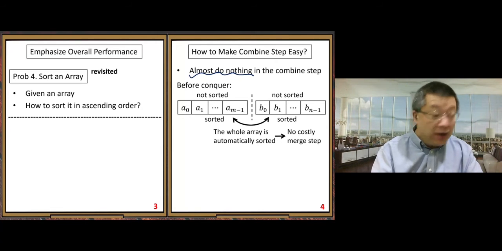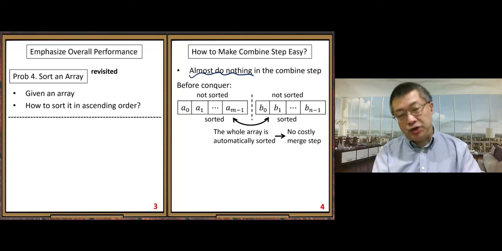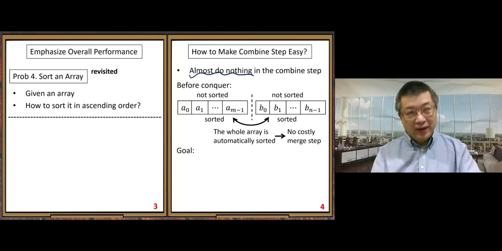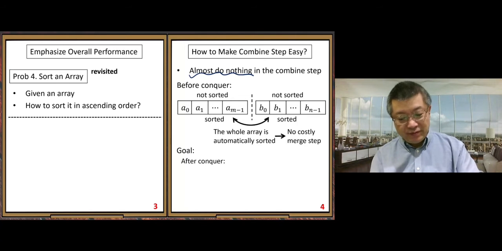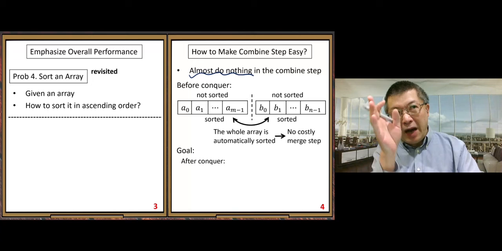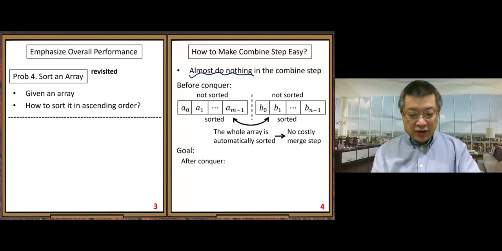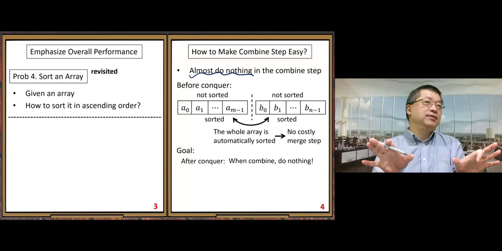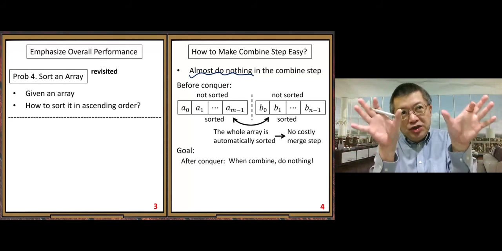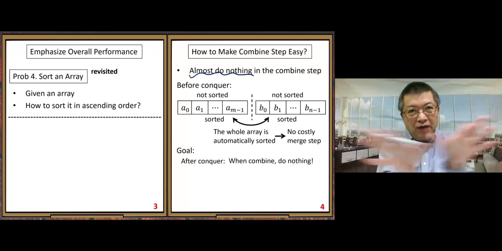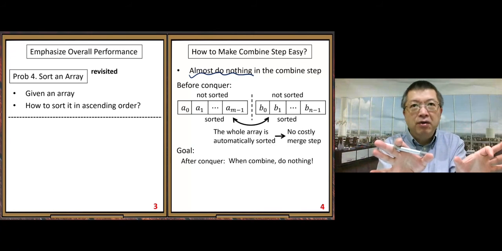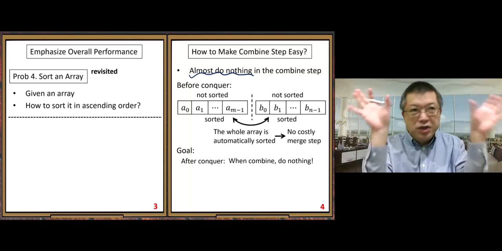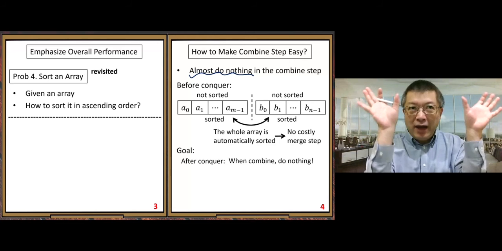The merge step is as cheap as possible. So we think about that ideal situation. The goal: after conquer, when combining, do nothing. Arrange two subarrays back to back, one after another, then the whole array is automatically sorted. We just need that property.